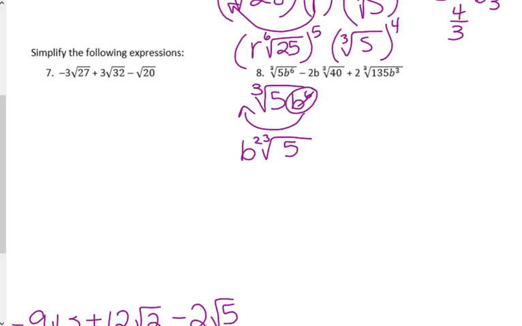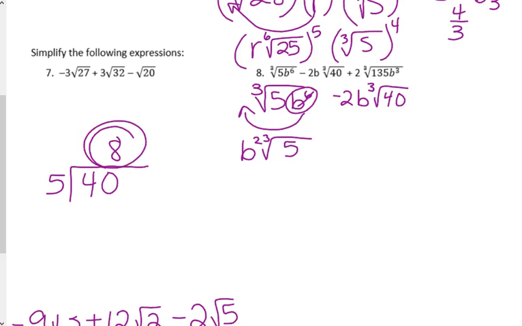Next, we have negative 2b times the cube root of 40. Let's go ahead and do the prime factorization of 40. So we have 40 divided by 5 is 8. 8 is a cube, so we're going to use that.